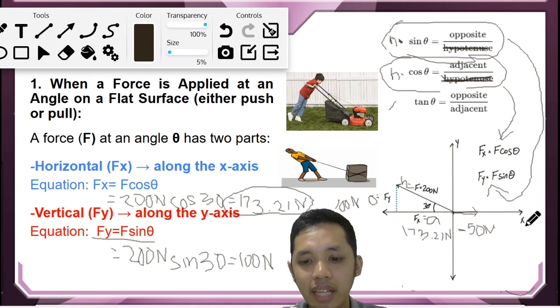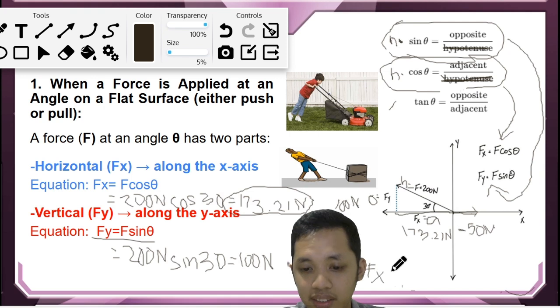And the force acting along the x-axis is the x component of our applied force. The x component, or the horizontal component, is the f of x.